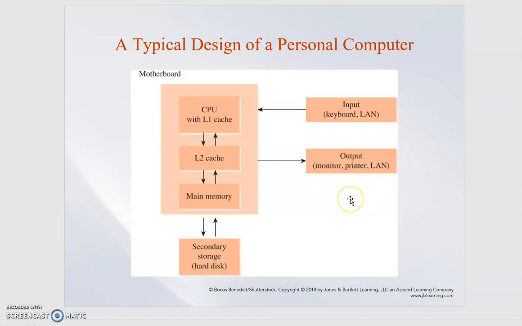But when you consider the typical design of a personal computer, a desktop computer, you will have a CPU. Look at the system motherboard here. The CPU will have different levels of memory. L1 cache is very close to the central processing unit, so it's quickly accessible to the CPU. When the cache is closest to the CPU, your computer has more speed, so if you have a large L1 cache, your computer could be faster than one with a small L1 cache.